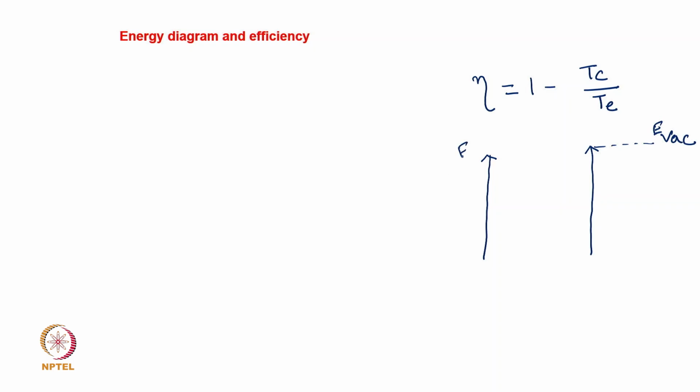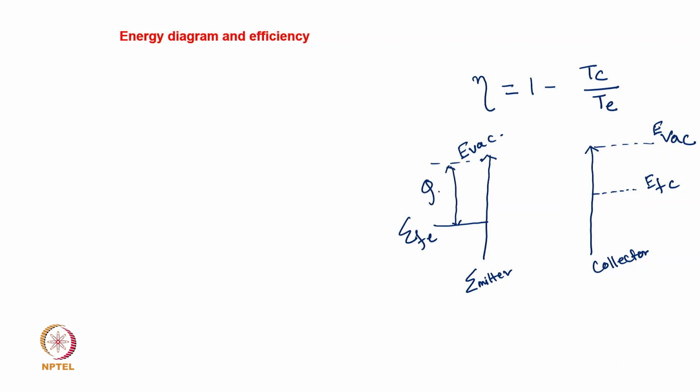This is the vacuum level, and then this is the Fermi level of the emitter, this is the collector, and this is the Fermi level of the collector. This is the work function of the emitter and this is the work function of the collector.